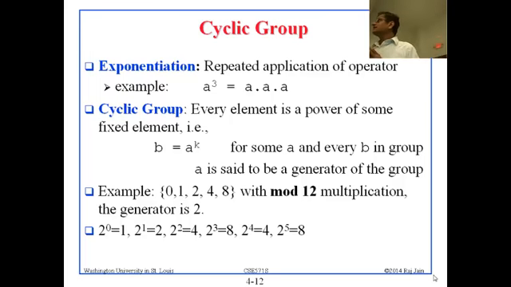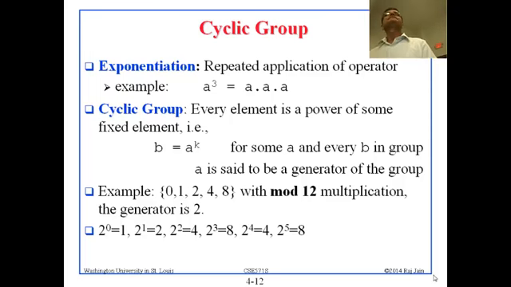But if you just take these 5 numbers, 0, 1, 2, 4, 8, they will satisfy being a group. Okay? However, the interesting part is that these numbers are all powers of 2. 2 raised to 0 is 1, 2 raised to 1 is 2, 2 raised to 2 is 4, 2 raised to 3 is 8, 2 raised to 4 is again 4, 2 raised to 5 is again 8, and so on and so forth. So you can take any powers of 2, they're all in this set.